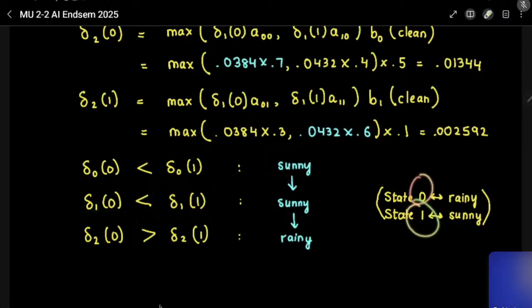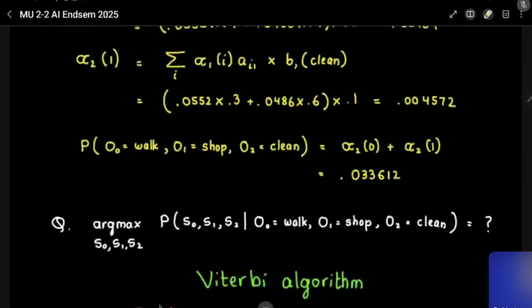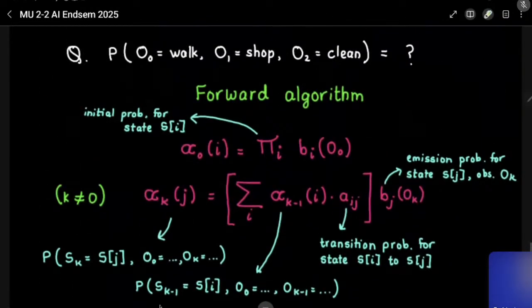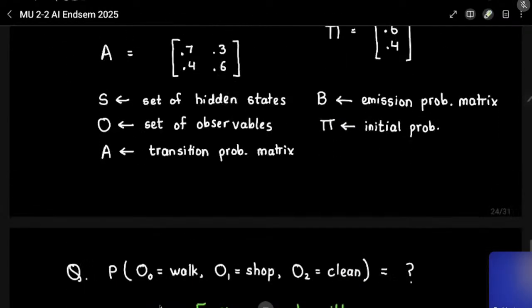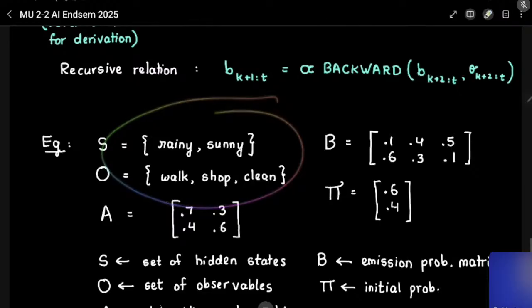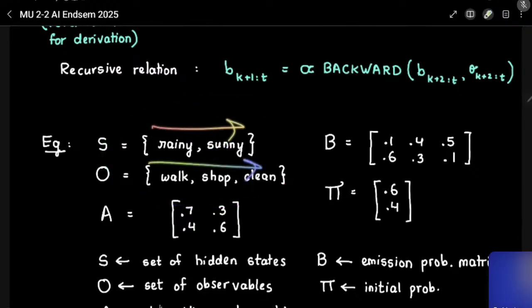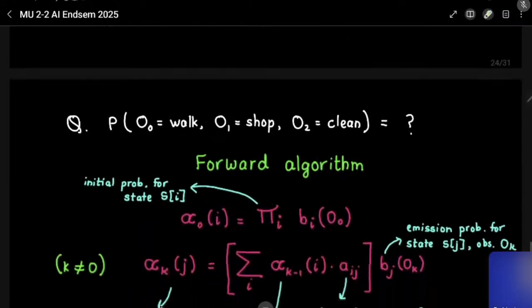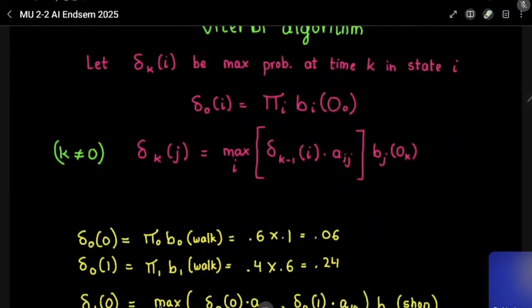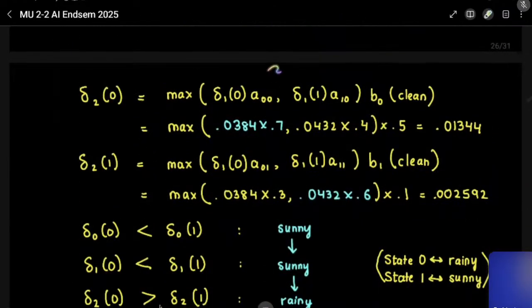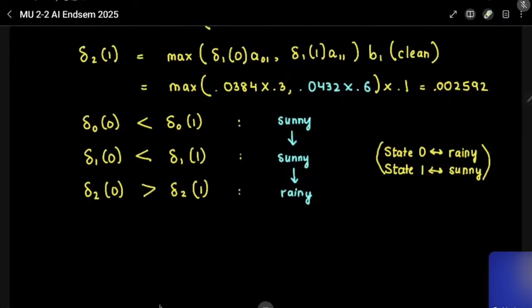How is 0 rainy and how is 1 sunny? It's because of this order. We fixed the order in the set of states. So 0 is rainy, 1 is sunny. So don't change this order. Go along with the same order. So if 1 is greater, put sunny. If 0 is greater, put rainy. So this is what you got.